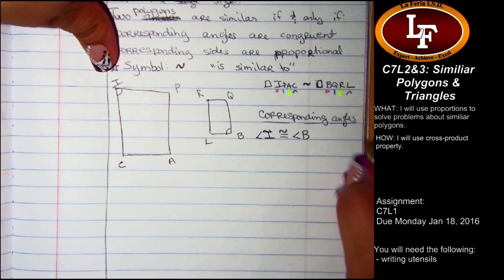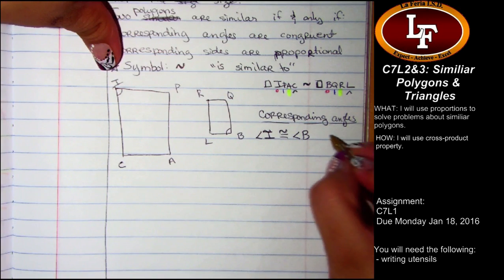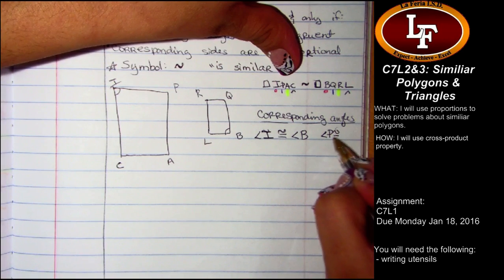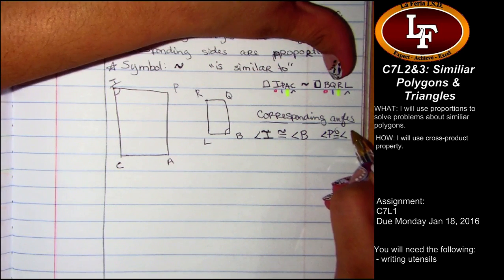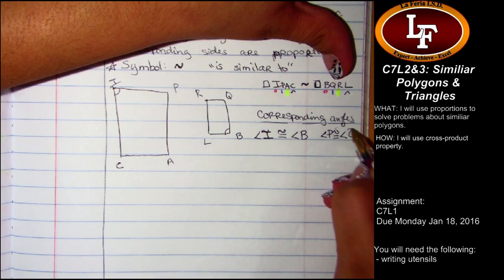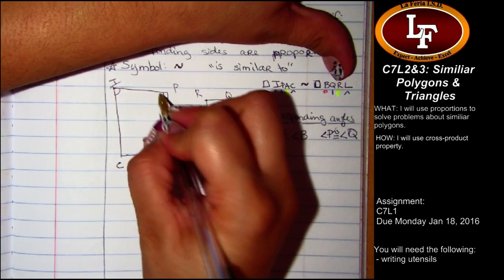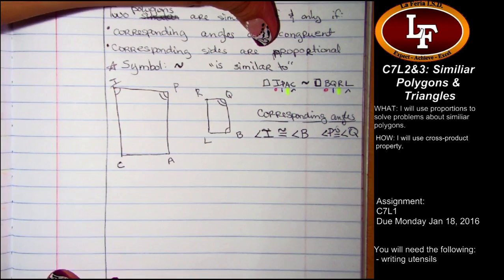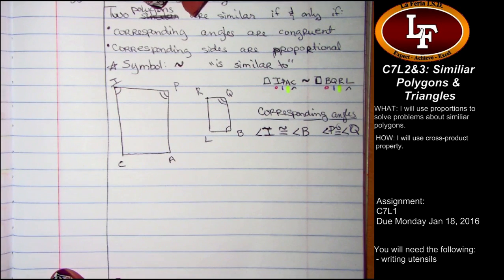All right, the next corner is P. P is congruent to the next letter on the other figure, which is Q. So P right here is congruent to Q over here. Notice how this time I put two little congruent markers.